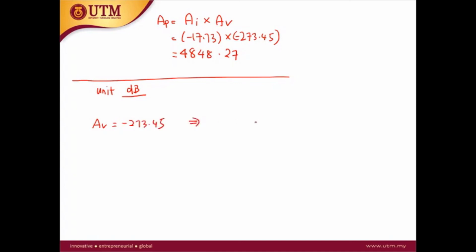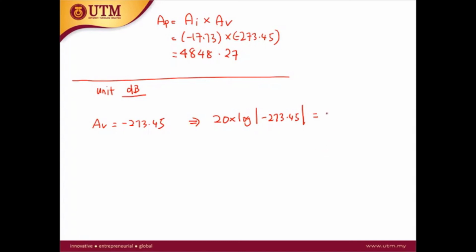To convert to decibel, the equation is 20 times log of the modulus of minus 273.45. Because we have the modulus, the minus is cancelled out, and the value becomes 20 times log 273.45.